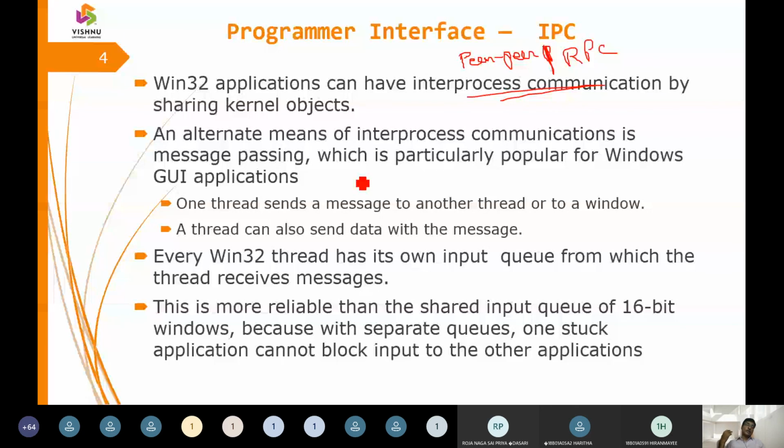So Windows 7, this 32-bit OS, is going to support a structure towards network. It can communicate between multiple nodes in a network, and that communication can happen between two elements. If it is happening between two elements, we call it peer-to-peer communication. And if it is working with a client-server architecture in a two-tier, three-tier, or multi-tier architecture, then it works with commands called RPC. That is where remote procedure calls come in.